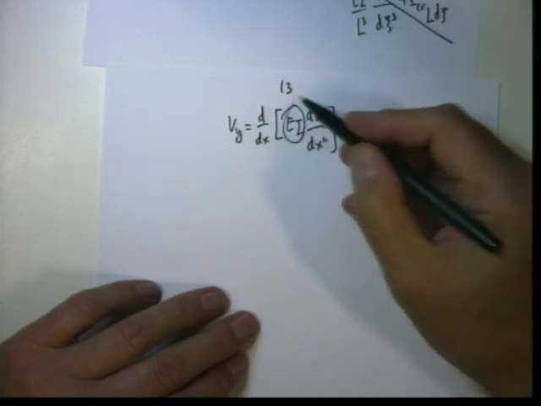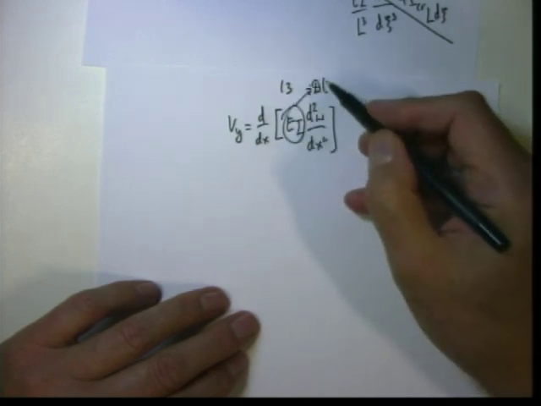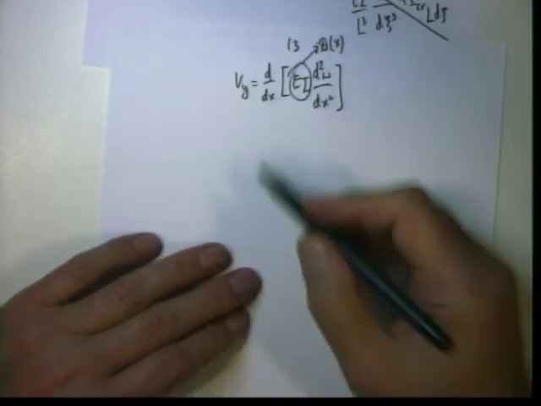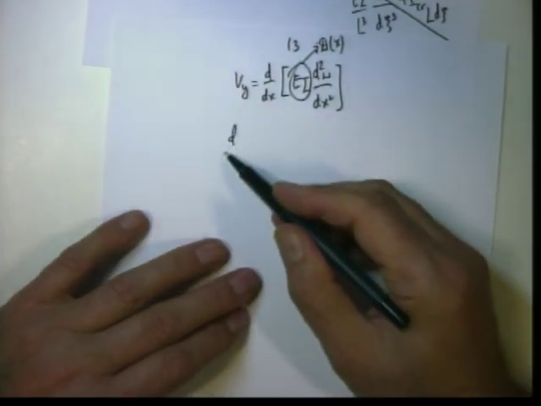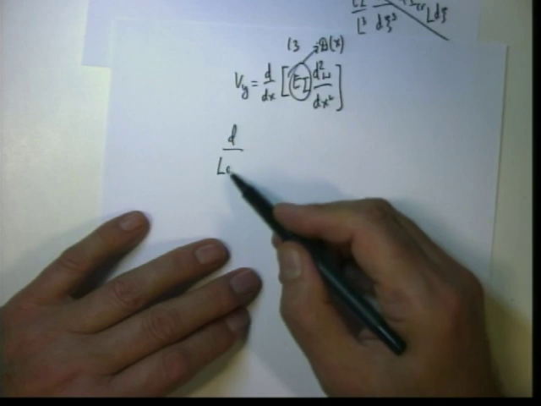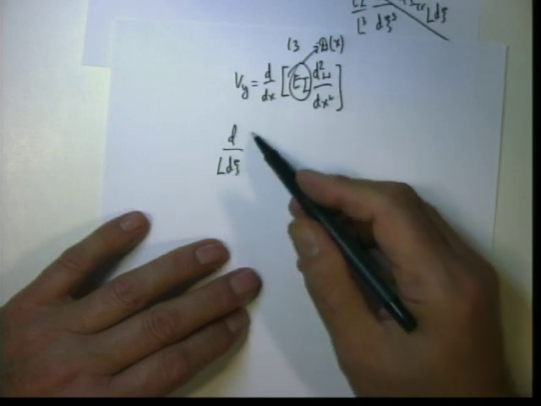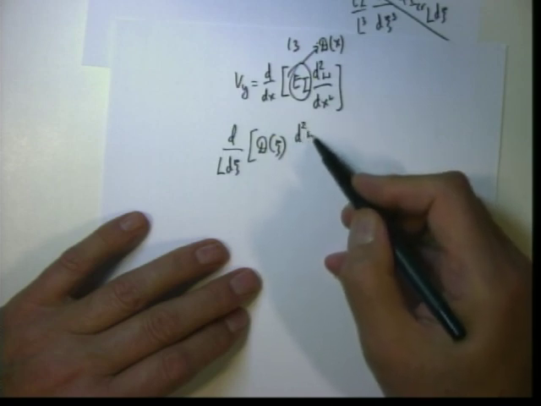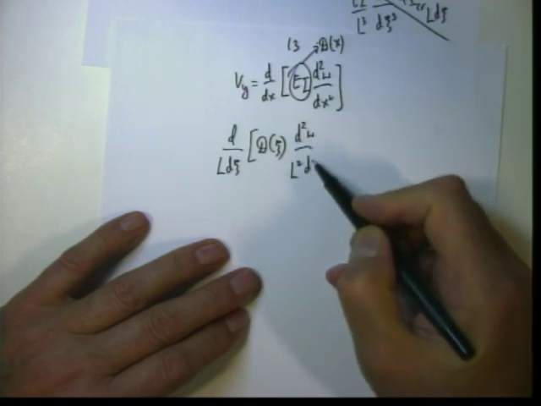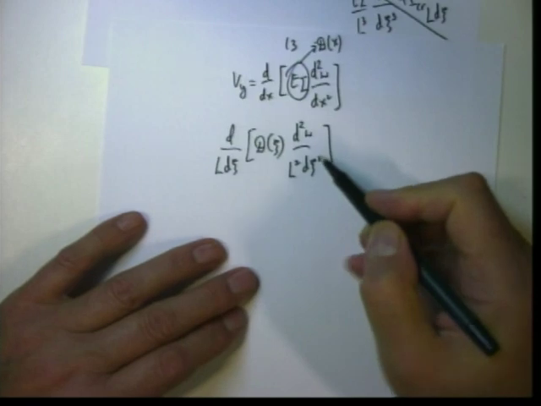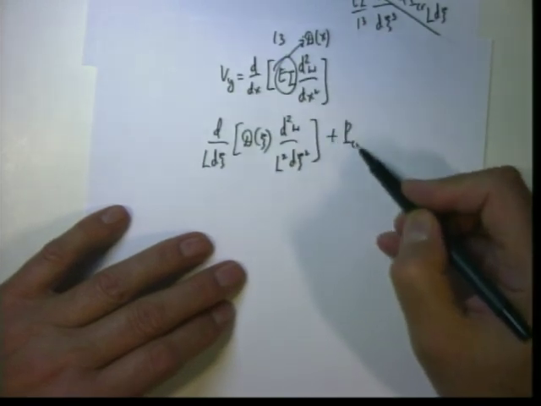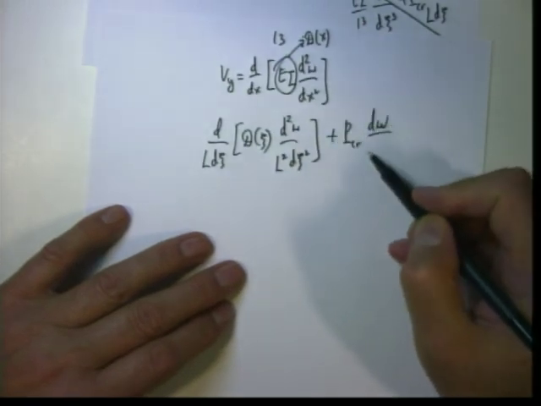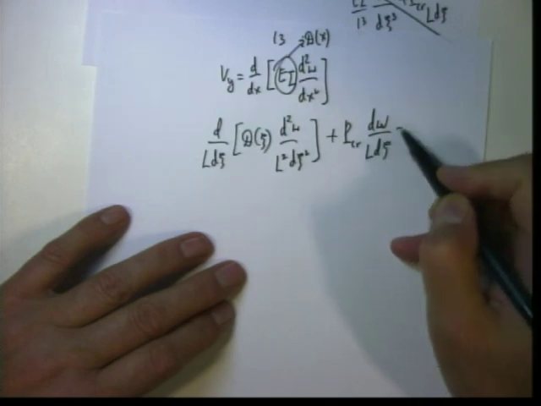So in this case, this is d of x. So therefore, we will actually have d over L d psi, d of psi, d2w over L squared d psi squared, plus P critical dw over L d psi equals 0.